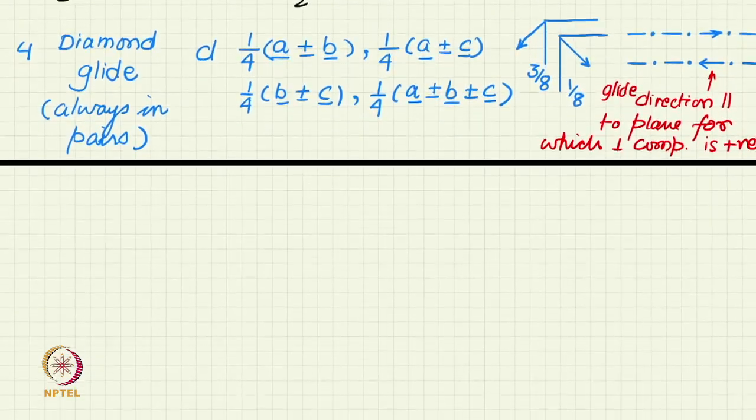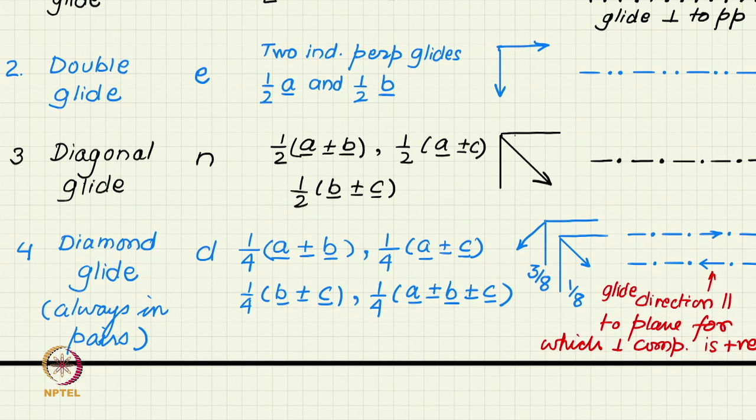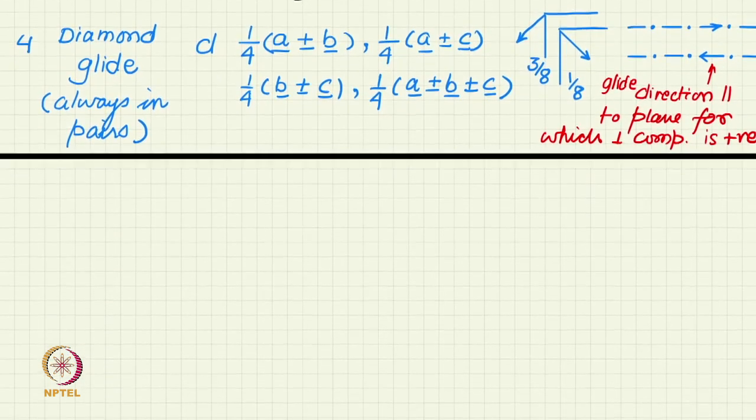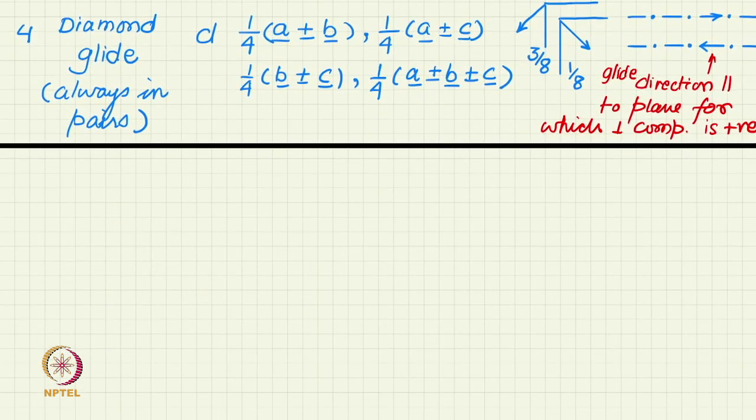So, that is diamond glide. Let me just give you a 3-dimensional example. Let me try to create an orthorhombic looking unit cell.